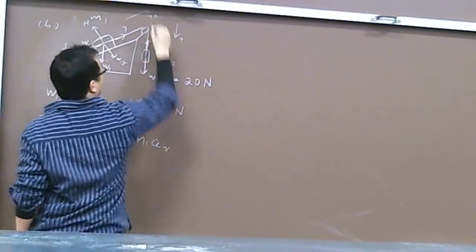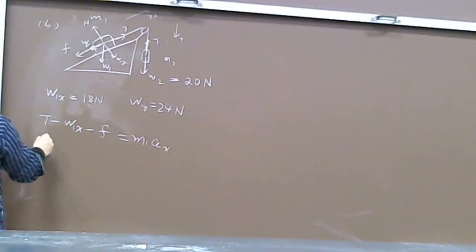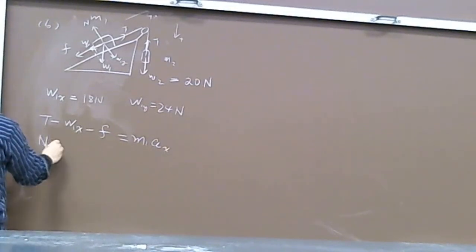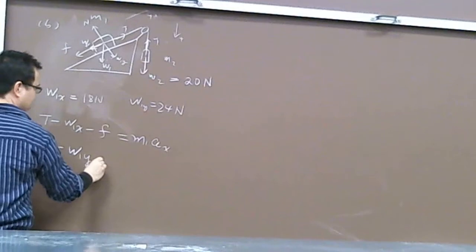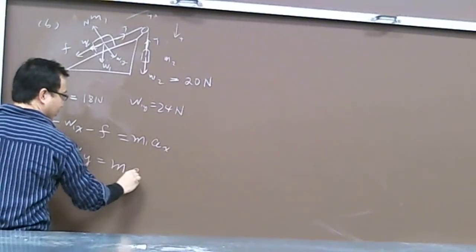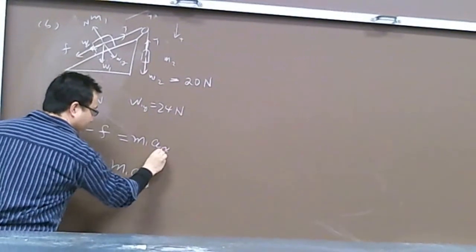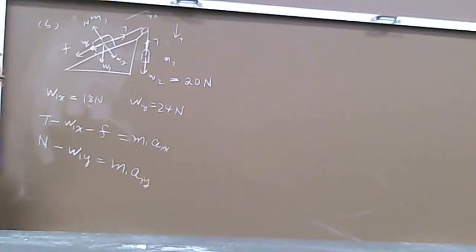This is positive x. And then you have N minus W1y equals M1A1y.